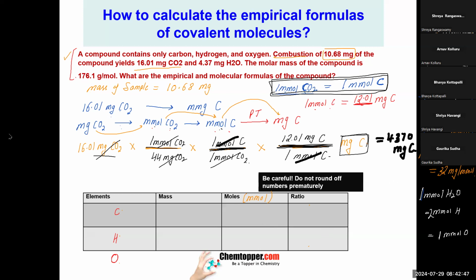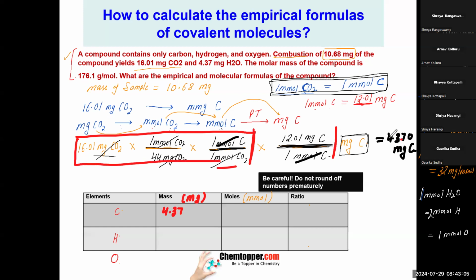Okay, so we have the mass of carbon, 4.37 milligrams, right? But do you have the millimoles? Can you stop here, children? Stop here, get me this answer. How much is this? Otherwise, you divide this number by this number.